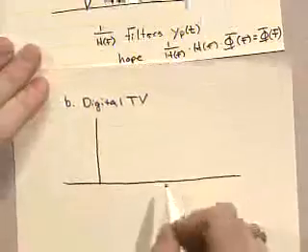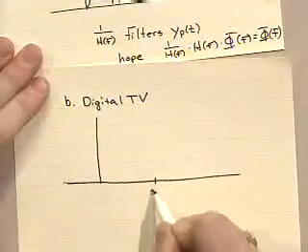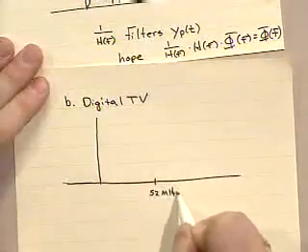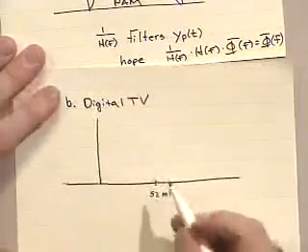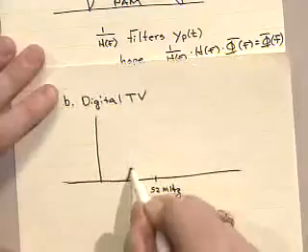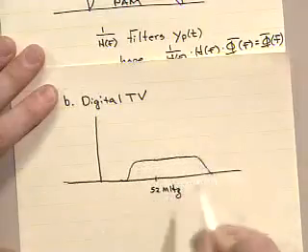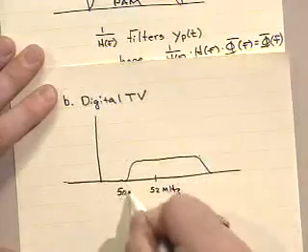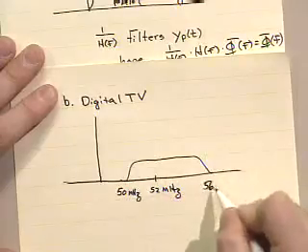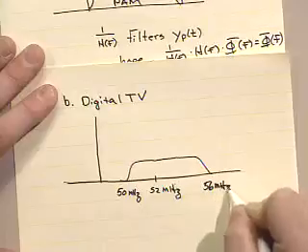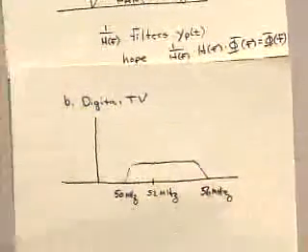Why would we get any kind of non-flatness in the channel? Well, if I were to look at channel 2, for instance, in transmission here, at least in the United States, it's 6 megahertz wide. It goes from 50 megahertz to 56 megahertz. The carrier frequency is not in the middle.